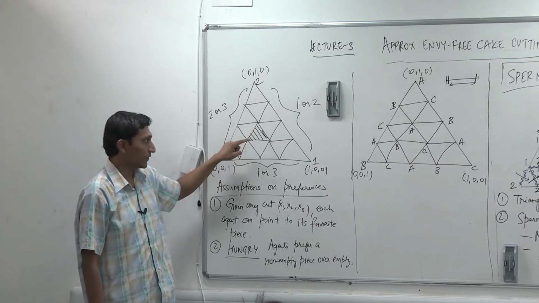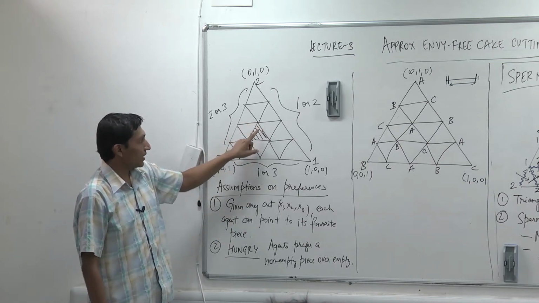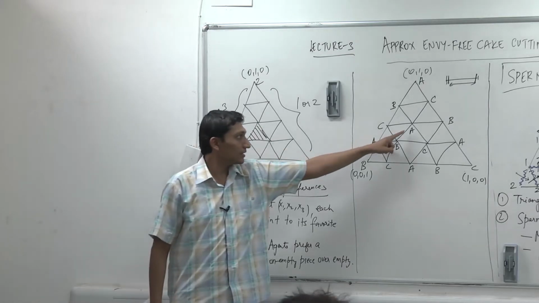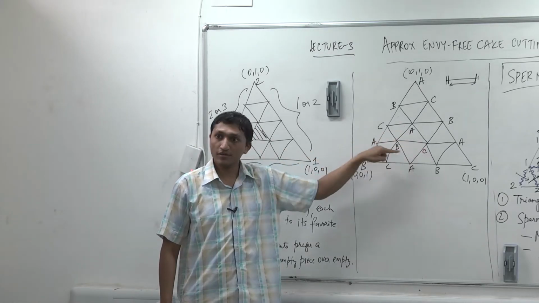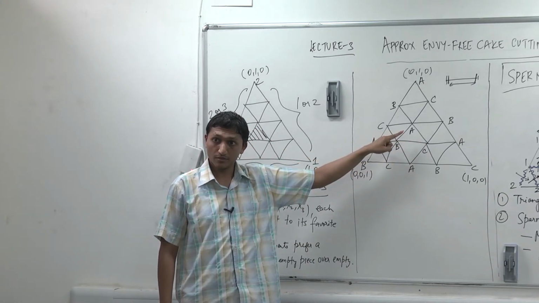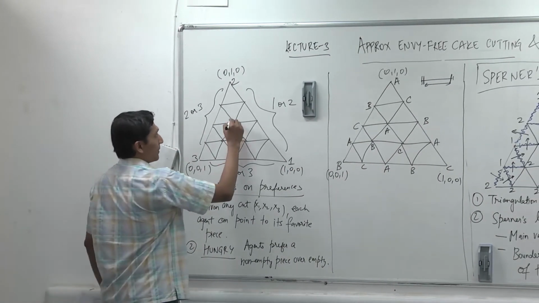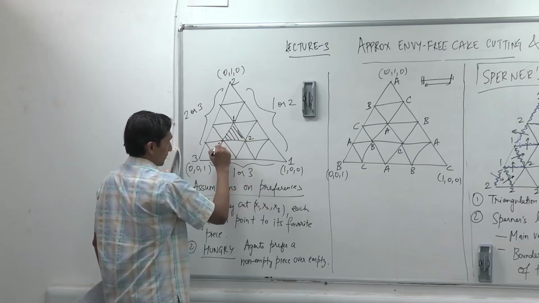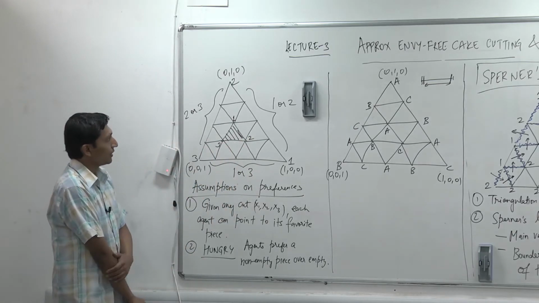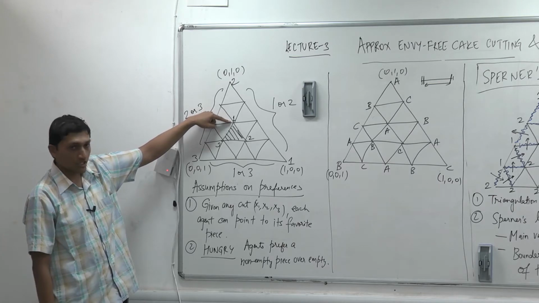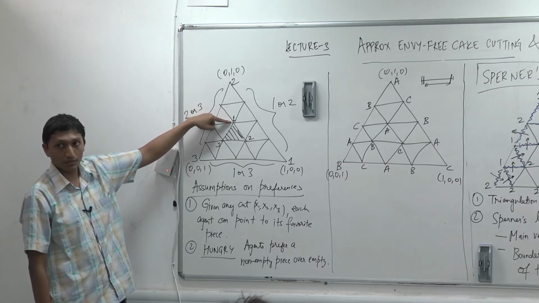Exactly, great. Note that I ensured the property that for any of these baby triangles, the owners on the 3 different vertices are different, right? And maybe it looks like this. So at this cut, agent A prefers piece 1.